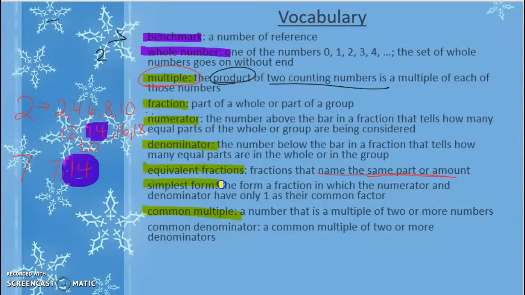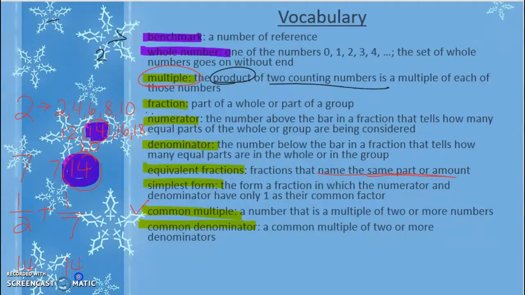And you'll notice that we need the least common multiple when we're adding and subtracting fractions. And then a common denominator. A common denominator is found using a common multiple. So if I wanted to add 1/2 and 1/7, I would need to first find a common multiple, which is 14.